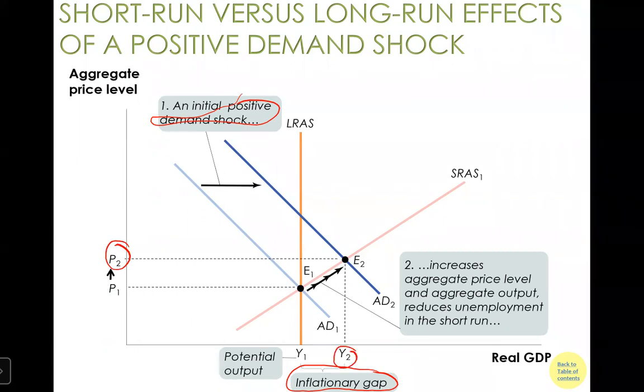This is immediately after a positive shock. Now, if we give the economy some time, what is going to happen next? How is the economy going to respond? The answer to that question lies in the status of the labor market.